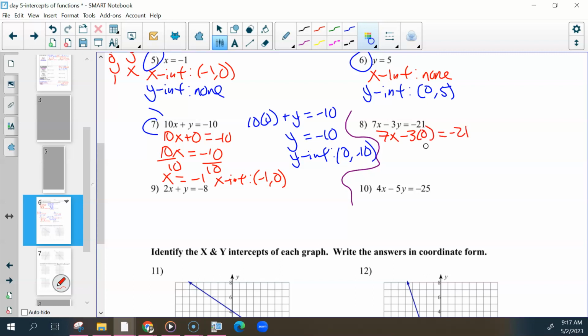I know that's going to become 0 and disappear. So I'm going to divide. What would my x value be? What would my intercept be? And I would write that how?